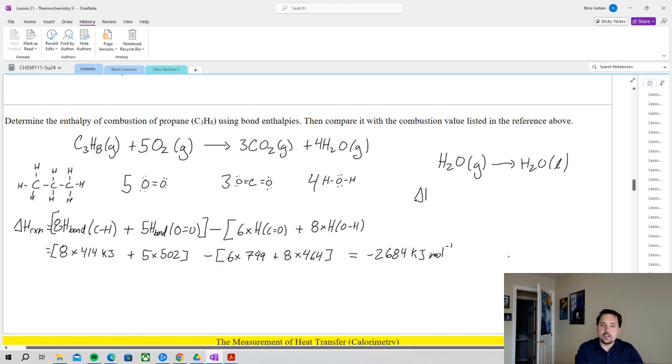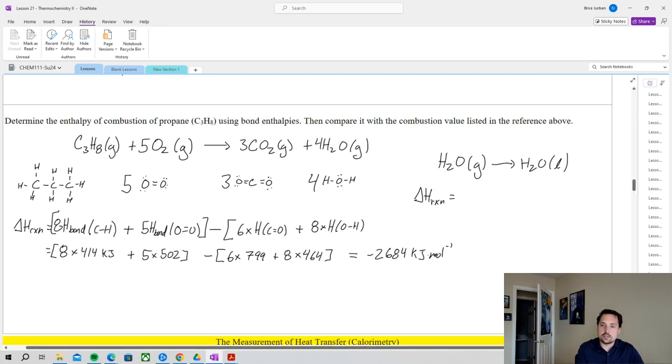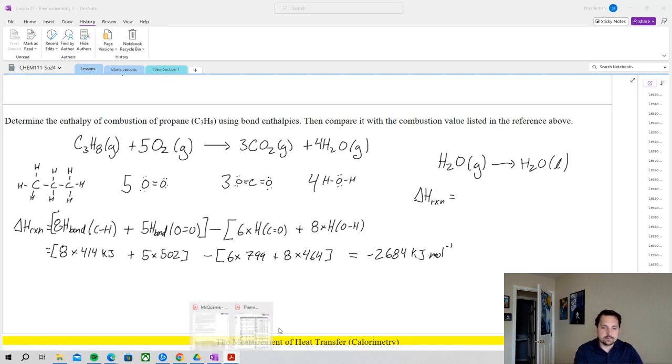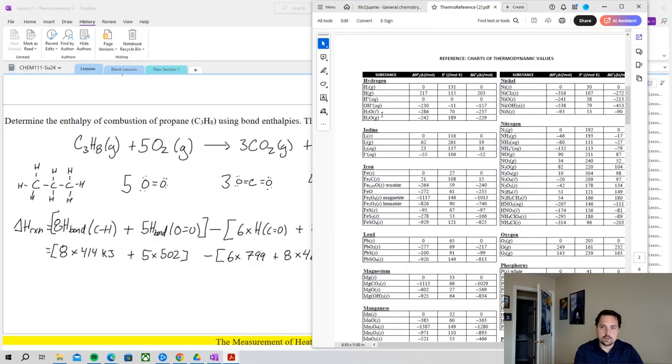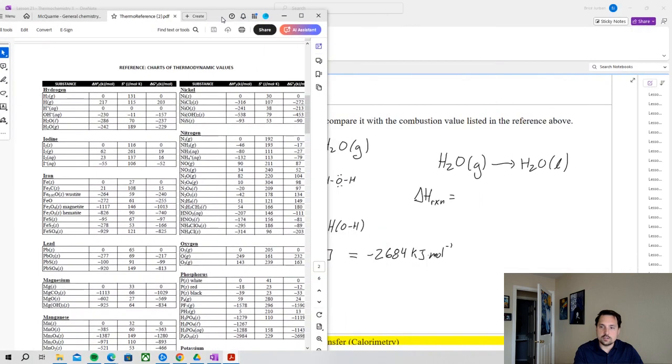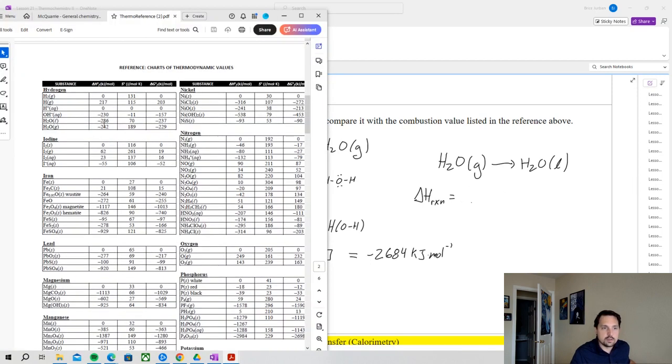We're going to take the enthalpy of formation of the liquid and the gas. So we'll just subtract the two. So when we condense this liquid, it should give off energy. So it's going to be negative 286 minus negative 242.